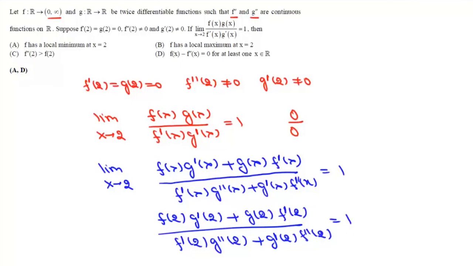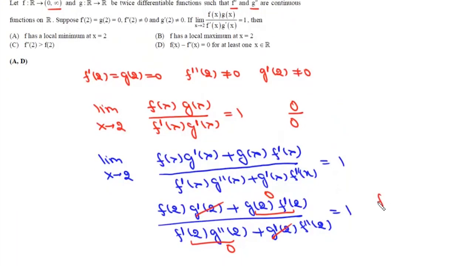Now we know that g(2) is 0. So this expression will be 0, and also f dash 2 is 0. So it will also be 0. Now g dash 2 and g dash 2 will cancel. So we'll get f double dash 2 equals f(2), and which is unequal to 0.